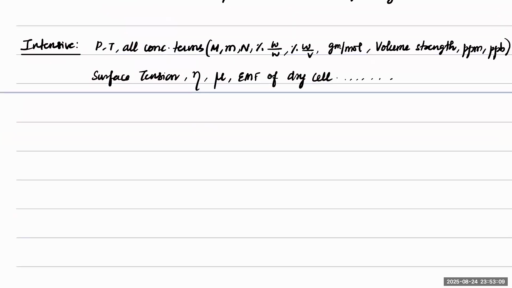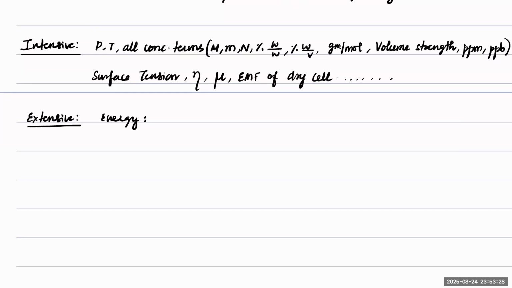Next, extensive properties. Extensive as in anything which is energy based. So if it comes to energy terms, it definitely depends upon how much is the quantity that you are taking. That defines how much energy it has.